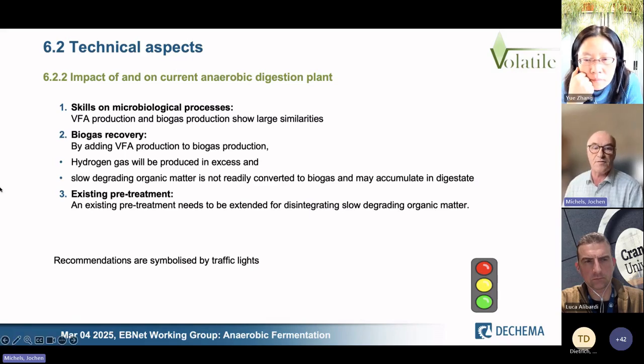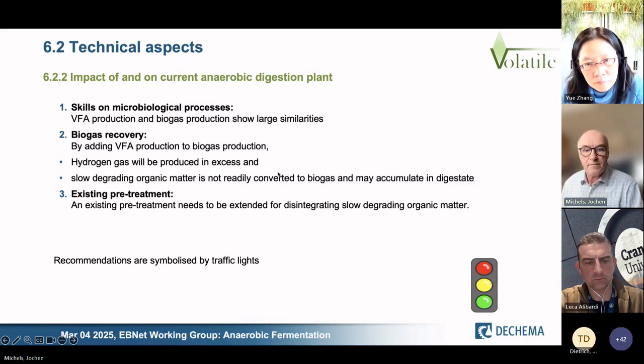So you need to get rid of the hydrogen as well. And you have to look at the slowly degrading organic matter. This may accumulate in the digestate, because the process for producing the VFA is much faster than the complete anaerobic digestion, as you know.